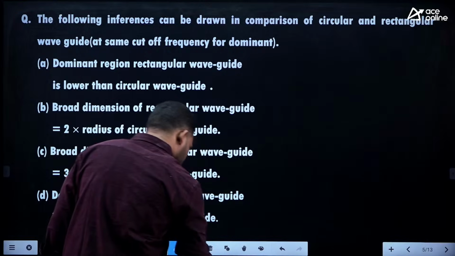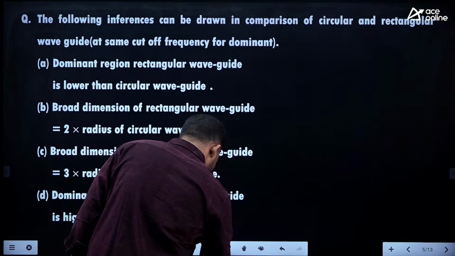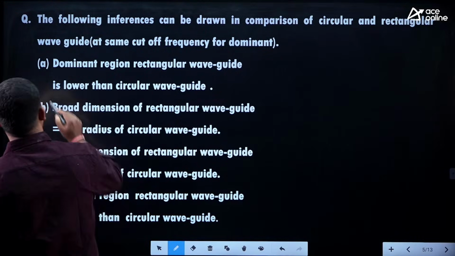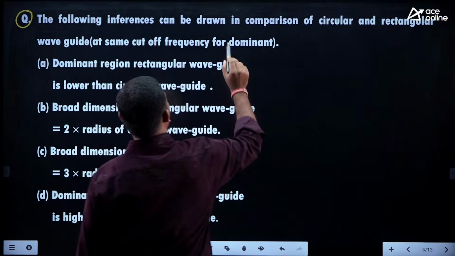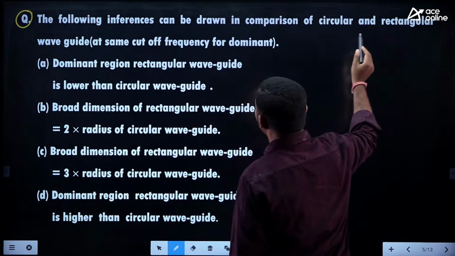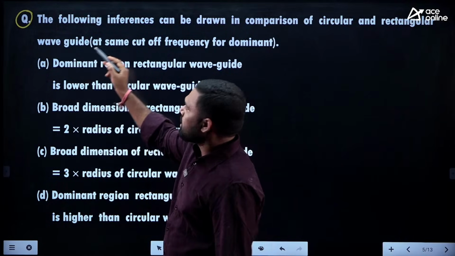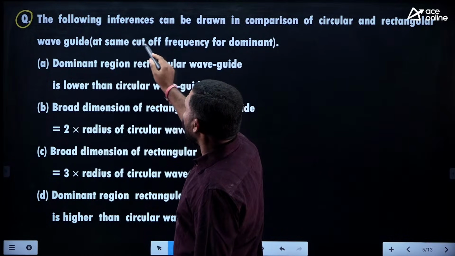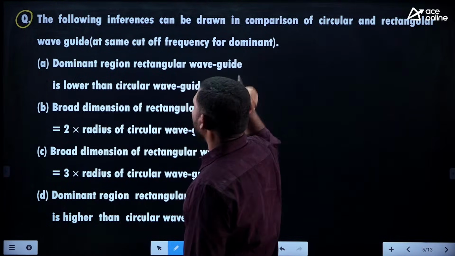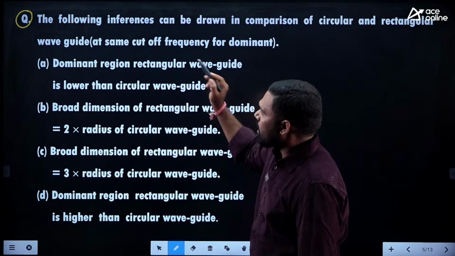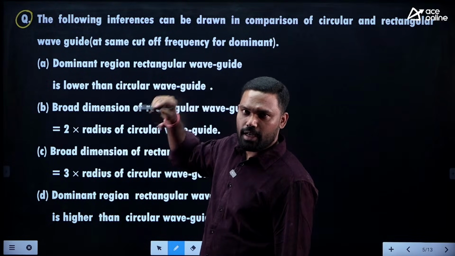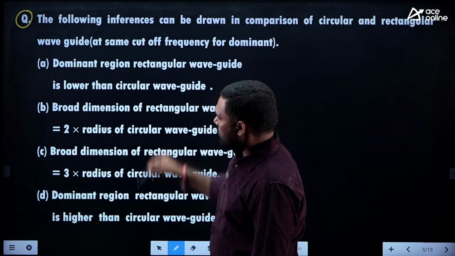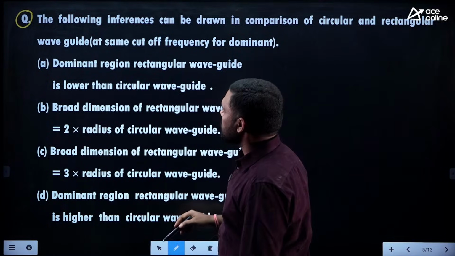So the following inferences can be drawn in comparison of the circular and rectangular waveguide. In bracket, something is written: at the same cutoff frequency for dominant mode. What is the first one? If you wanted to maintain the same cutoff frequency in the rectangular waveguide and circular waveguide, some of the inferences which can be drawn.